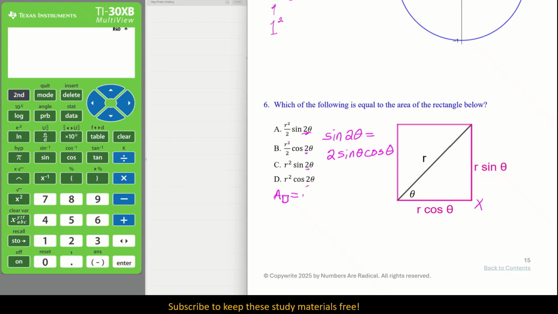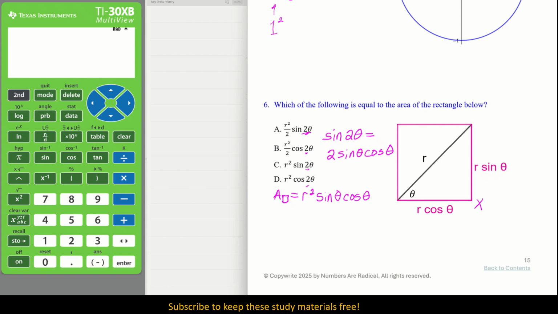We know we have r squared, and then we have sine of theta times the cosine of theta. Now, how could I make each side equal and make it look like my identity?